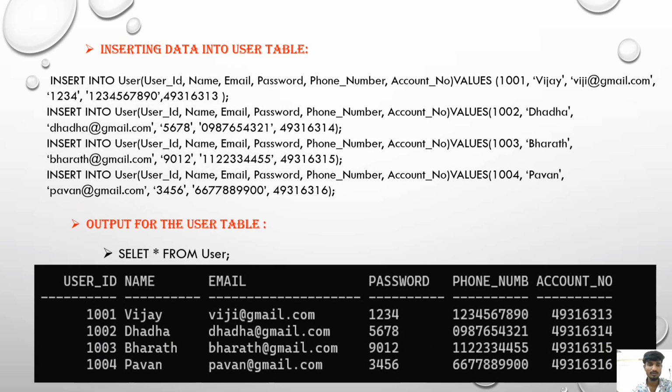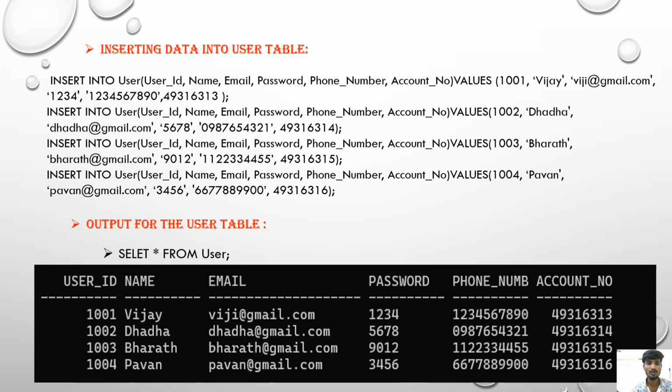In this also I have given four values. 1001 is the user ID, Vijay is the name, vijay@gmail.com is the email, 1234 is the password, 1234 etc. is the phone number, and 49316313 is the account number.